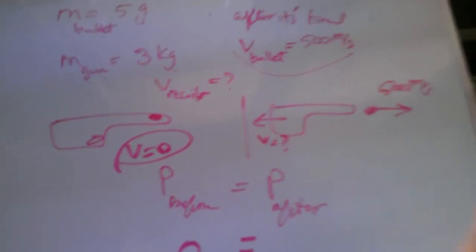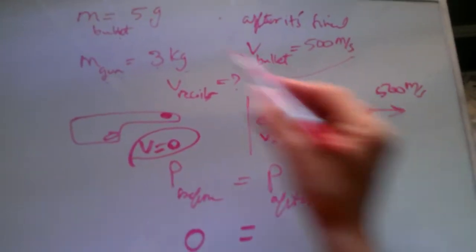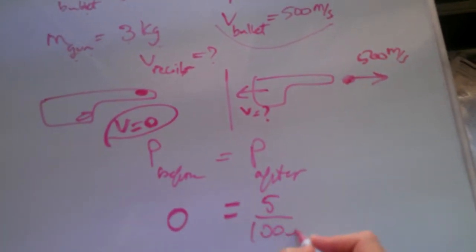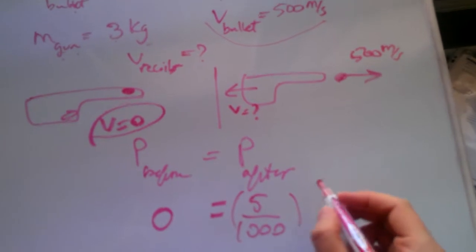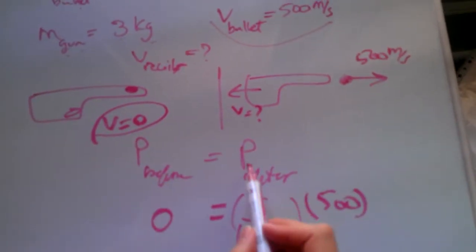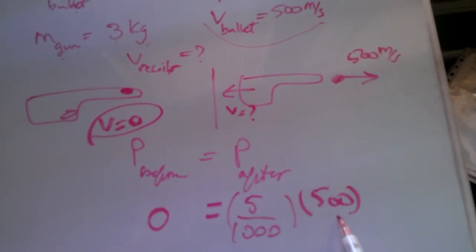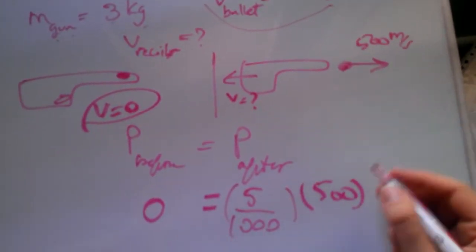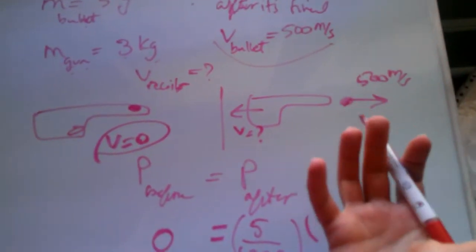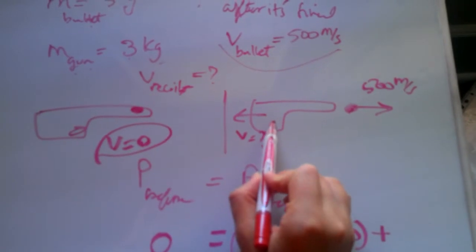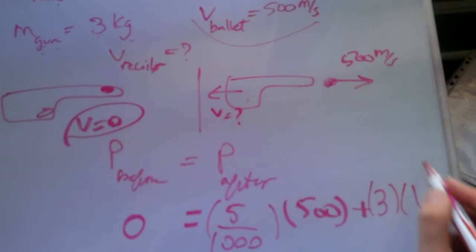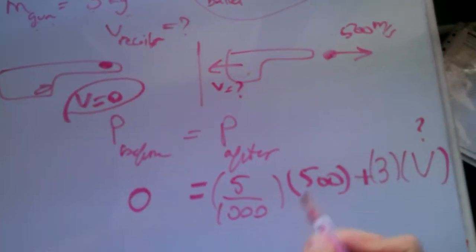Now after the collision, the bullet that was 5 grams, so 5 divided by 1,000 to make it a kilogram, times 500 meters per second, because momentum is mass times velocity. So momentum of the bullet plus momentum of the gun, the momentum of all the ingredients added up. The gun is 3 kilograms and the velocity of the gun is what we are solving for.